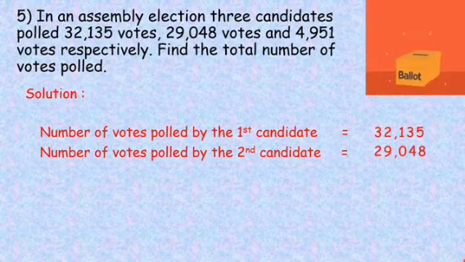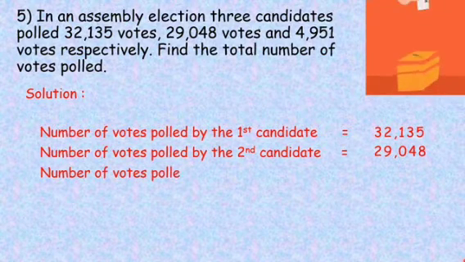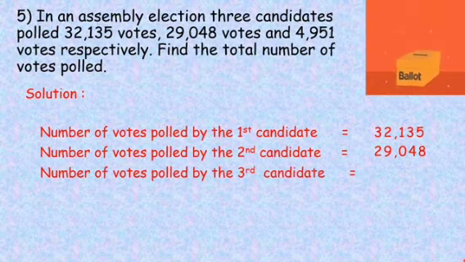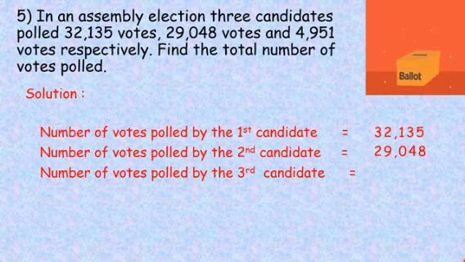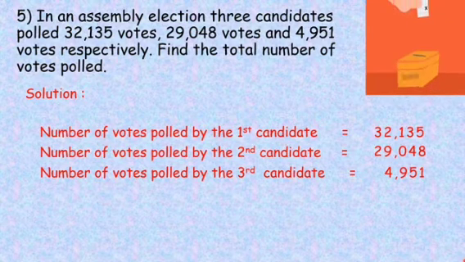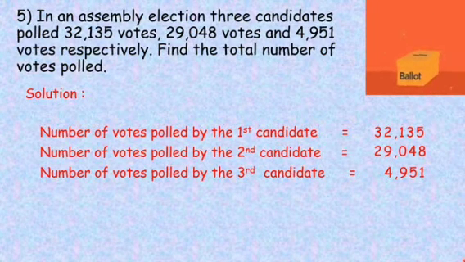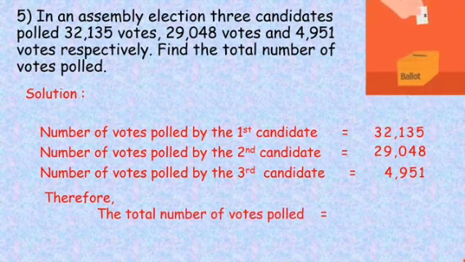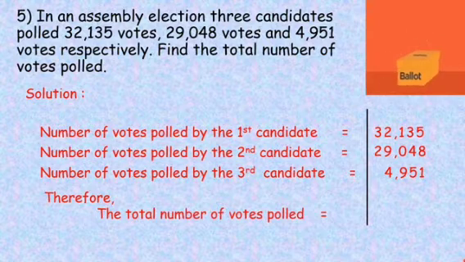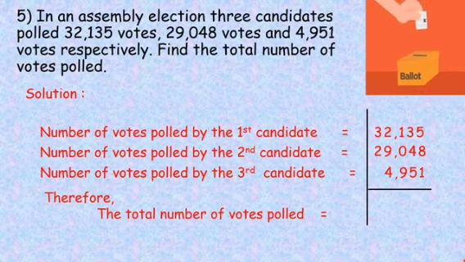Number of votes polled by the third candidate is equal to 4,951 votes. So therefore, total number of votes polled is equal to, we are supposed to add all these three numbers, correct?